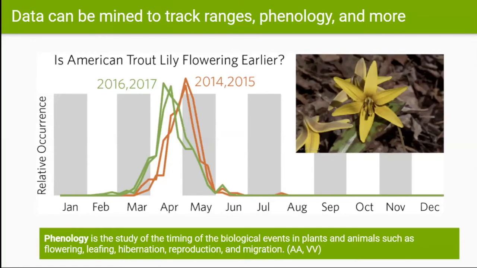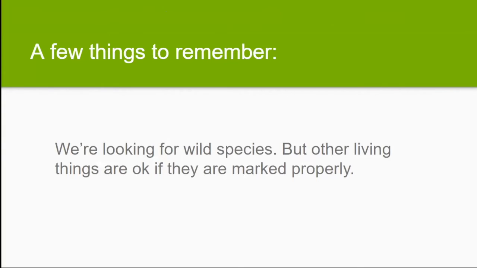When you've got this many observations, you can aggregate them and get some really powerful data. For example, because we have so many hundreds of thousands of observations, it has been very easy to see that things are flowering earlier because our seasons are changing earlier. So it's helping us to document the effects of climate change. This is really important information that gets fed into policymaking.